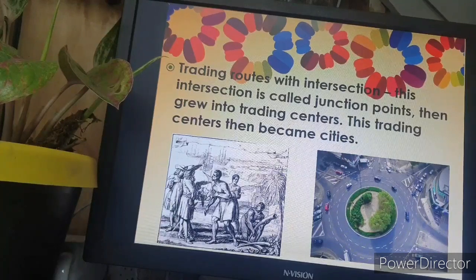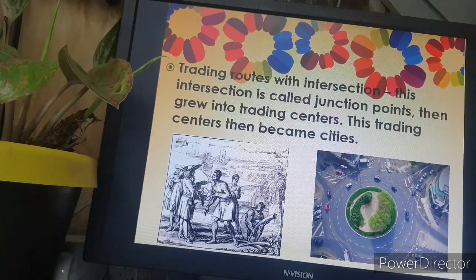One of my examples, the one that you identified in Baguio City, is that we have I think 4 to 5 rotondas, an intersection where they will meet up at the middle. That's why they started to market. They started as a city at the middle part of that road.